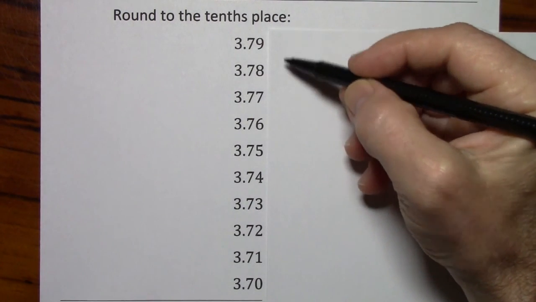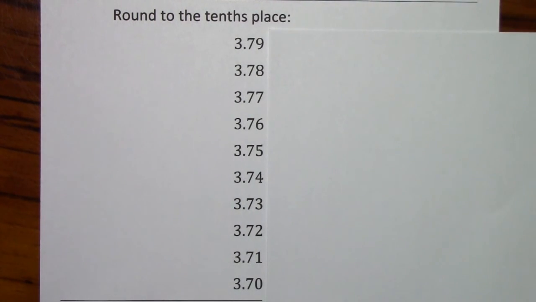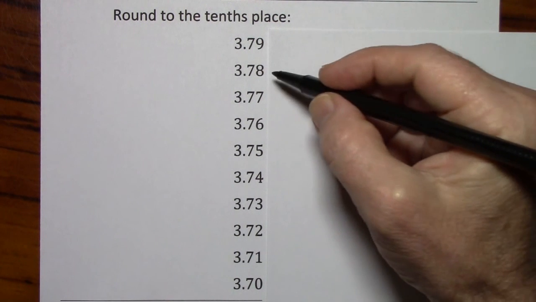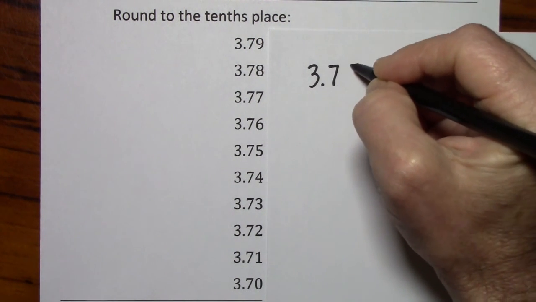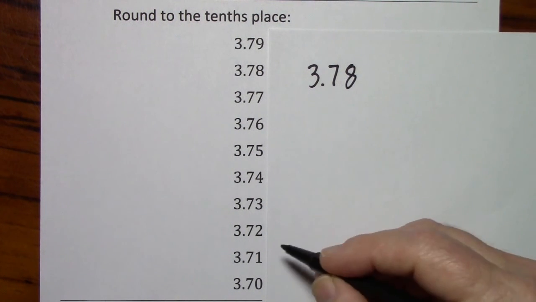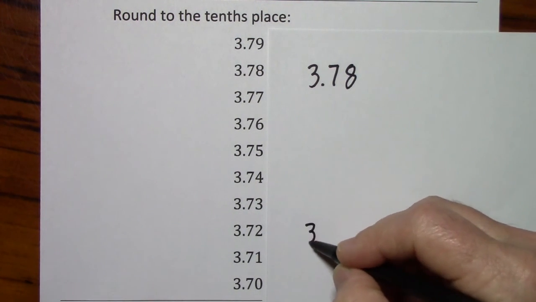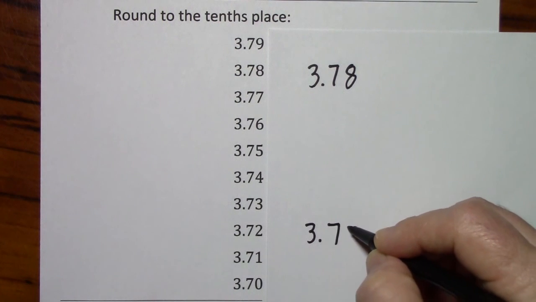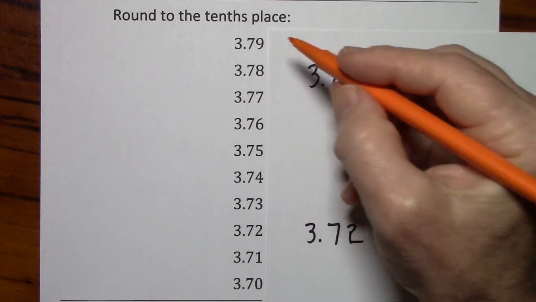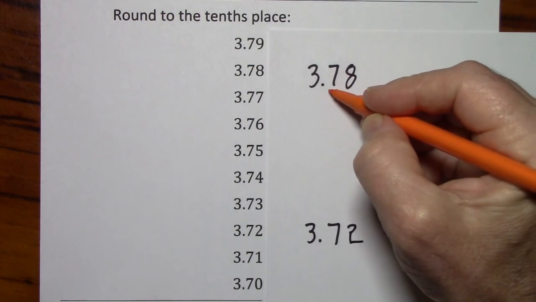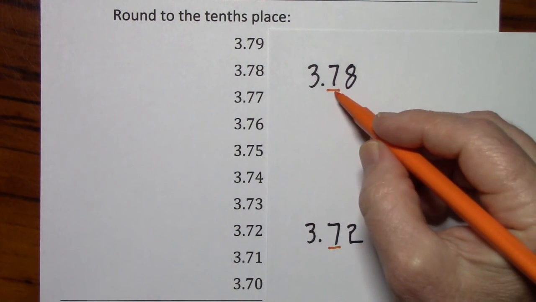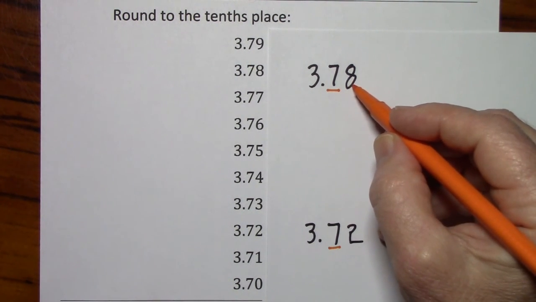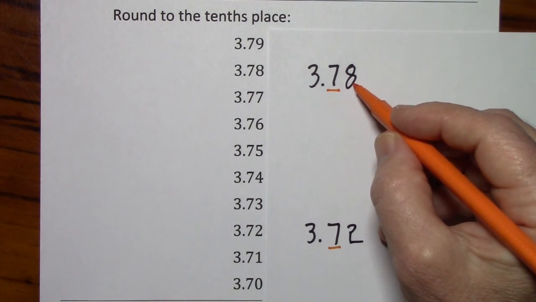So we'll look at a couple examples where we're asked to round to the tenths place. Let's say we'll take 3.78, and we'll also look at 3.72. If they want me to round to the tenths place, I like to underline the tenths place. And then you look at the next digit to decide if you round up or round down.